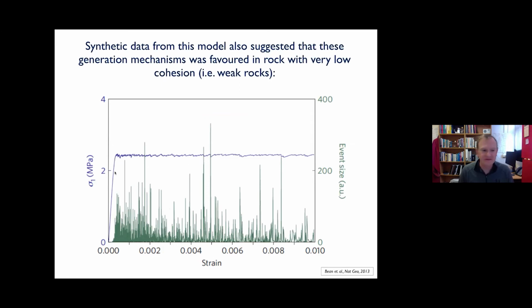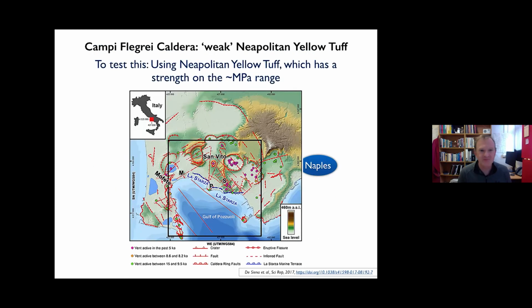So here we have the strength tops out at about 2.5 MPa, and we see a number of events. This is all from one model this time. This is not lab data, this is from his model, required to generate the data from the previous slide. So to test this kind of model from Chris Bean, there does happen to be a very suitable rock type, going all the way back to the beginning of the talk, returning now to the Campi Flegrei area.